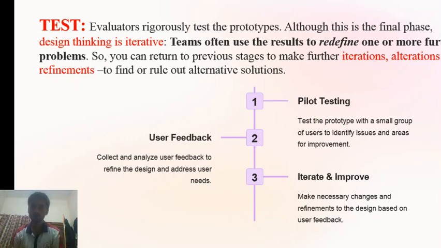See, we have given the final prototype to a small group of people. They give different types of issues, problems and areas of improvement, and we collect those ideas, redefine the problem and redefine the model.